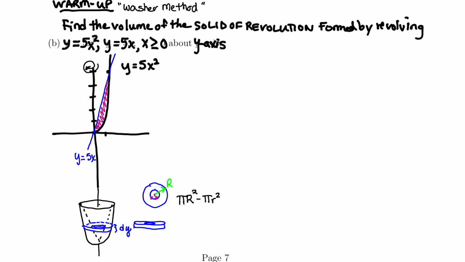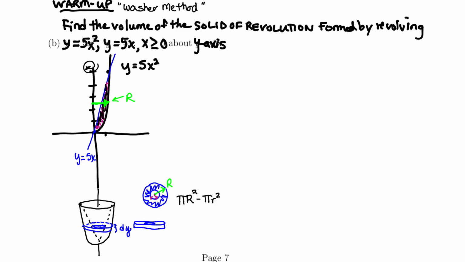We're taking the big radius squared, we're finding the area of the bigger circle, and then we're subtracting the area of the smaller circle. So just to remind and review everything we talked about on Friday. So if I translate that all up here, got my big circle, which is the one that's created by the outermost curve.